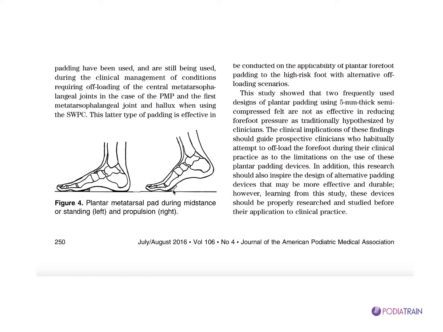So in order for this type of padding to be effective, the patient has to walk with a type of shuffling gait, or what we might call an apropulsive gait, which lacks a propulsive phase of the gait cycle.